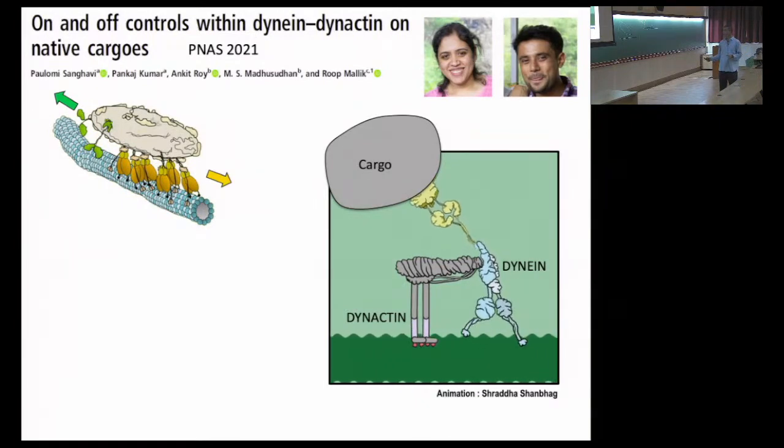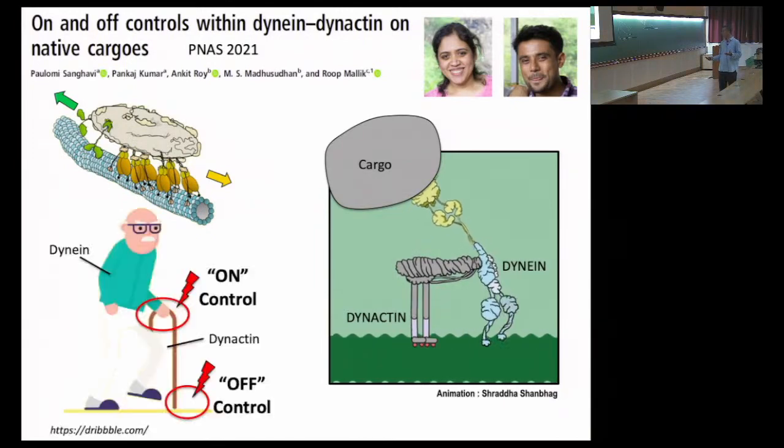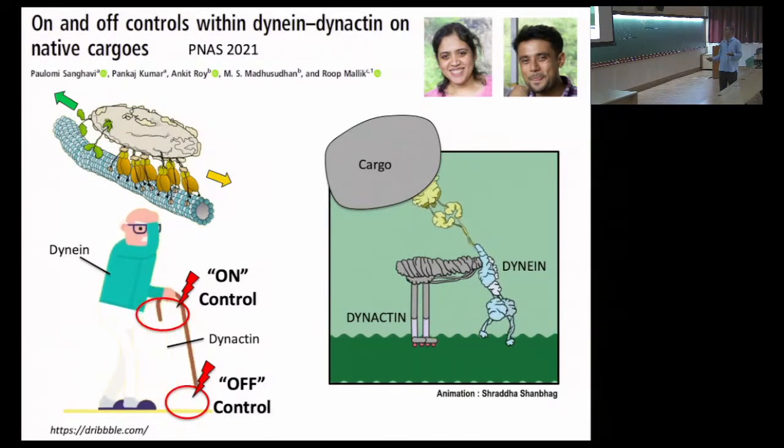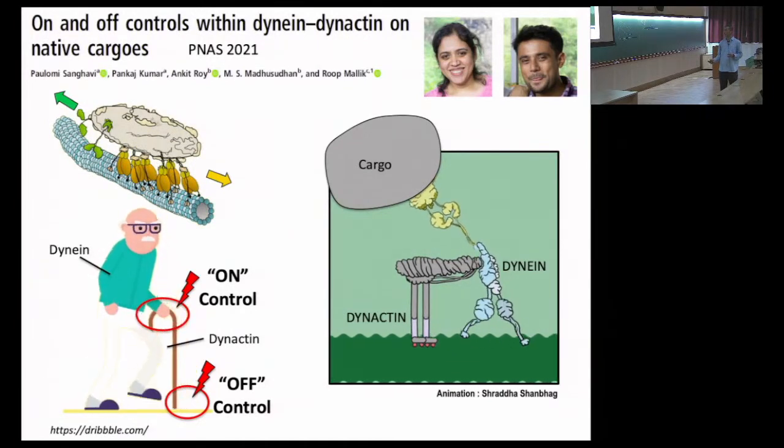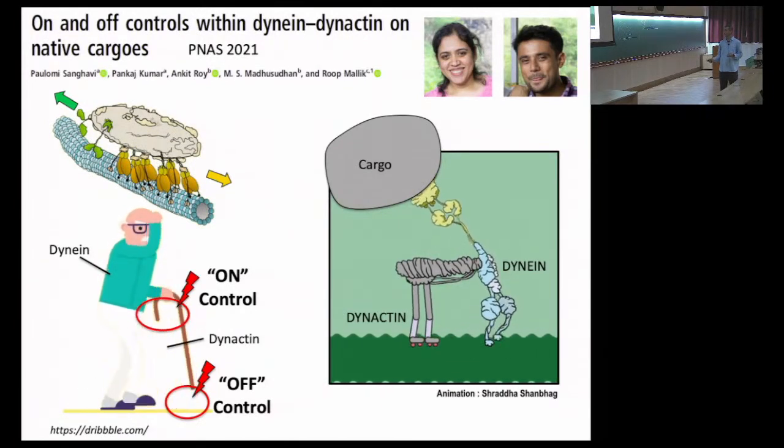So why is dynactin needed for this? This is a really important question to understand, because there are mutations in dynactin leading to many kinds of neuropathies. So what we thought of doing is, now you can think of the dynein dynactin machine as something like this: this person is walking with a stick, which is the dynactin.